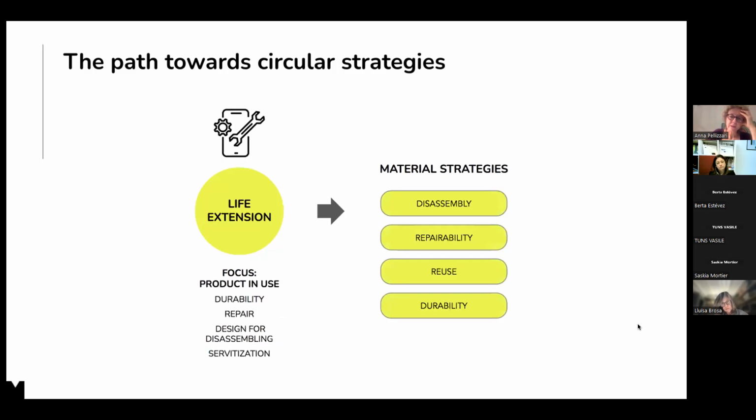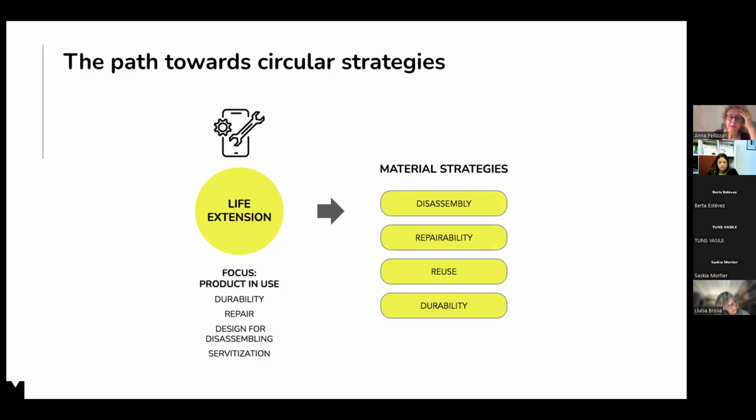Then we have life extension, which is again something more focused on durable goods, and that's about disassembly. Disassembly typically for repairability, and this is something that we will again talk about in the next module: how are products actually recycled and what's the meaning of disassembly for products?